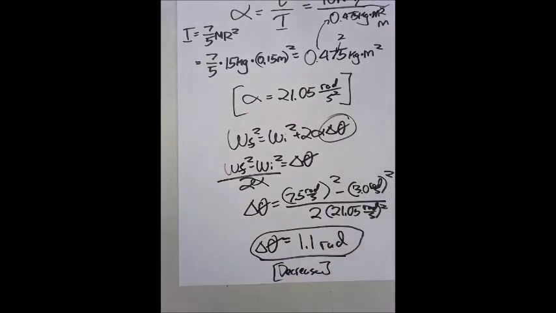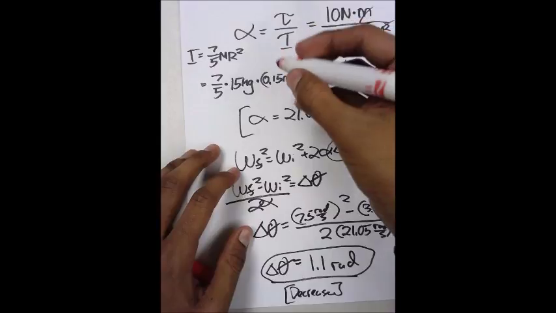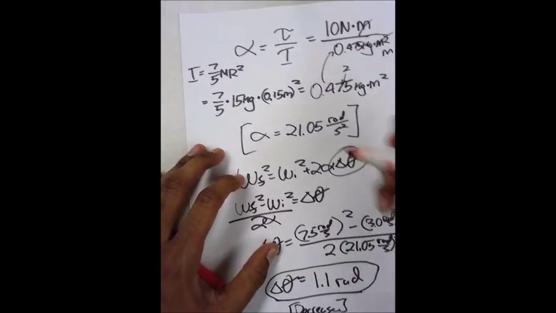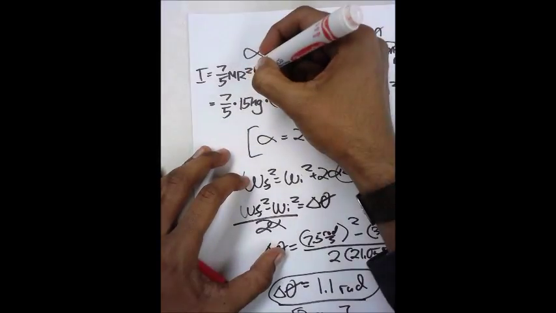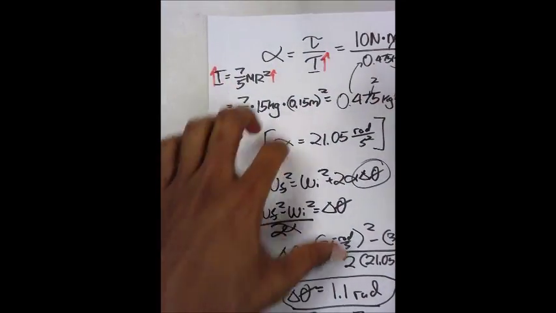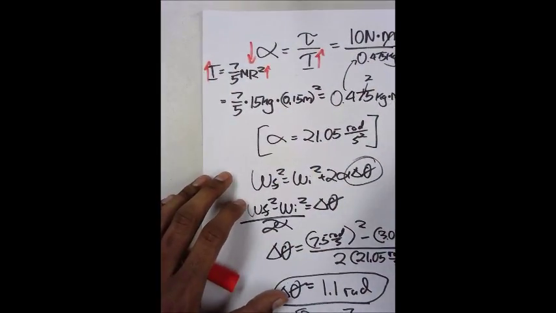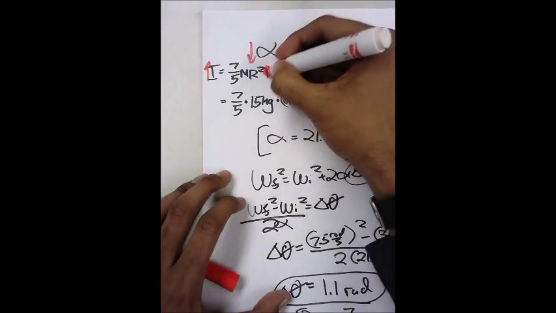The best way to do this is actually to look back at the work that you did and locate where the variables of interest are. So if you increase R, I increases. Oh, sorry, if R goes down, I goes down.